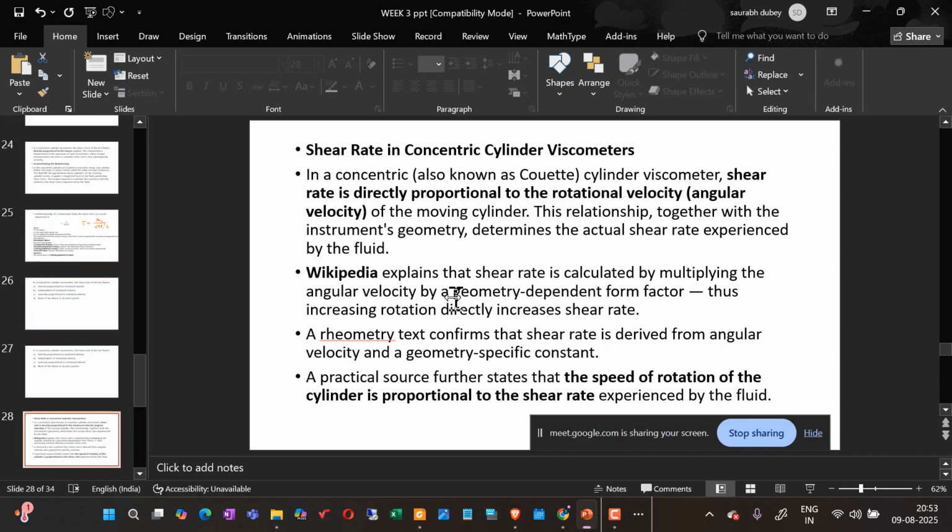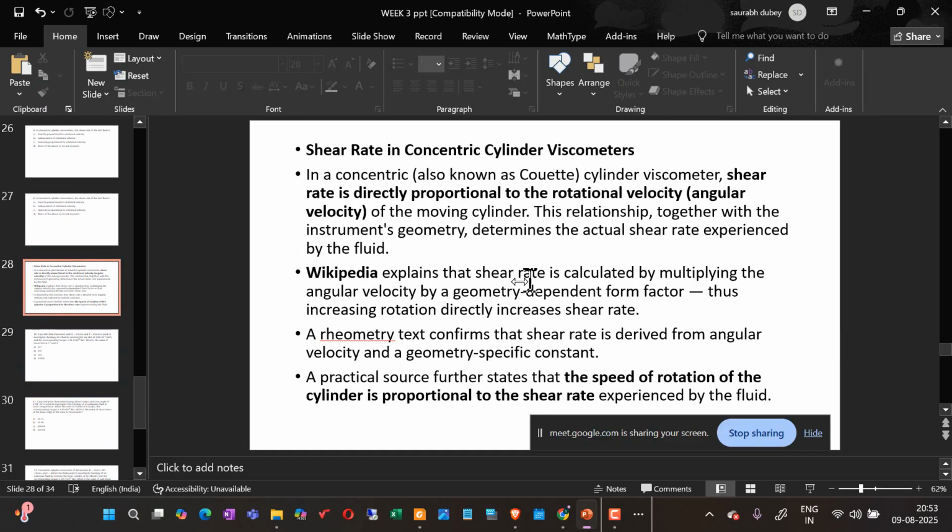A practical source further states that the speed of rotation is proportional to the shear rate experienced by the fluid. So shear rate in the concentric cylinder viscometer is directly proportional to the rotational velocity, which is the angular velocity of the moving cylinder. This relationship, together with the instrument geometry, determines the actual shear rate experienced by the fluid.